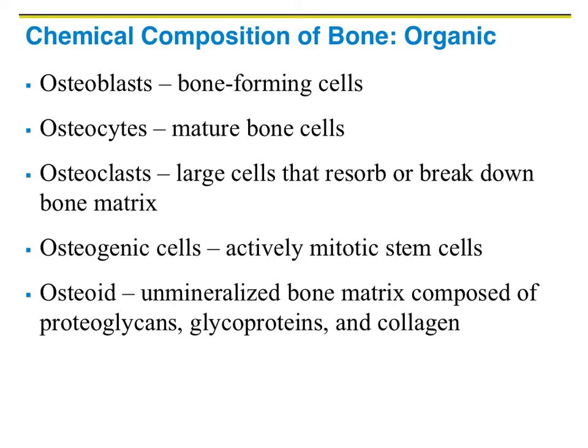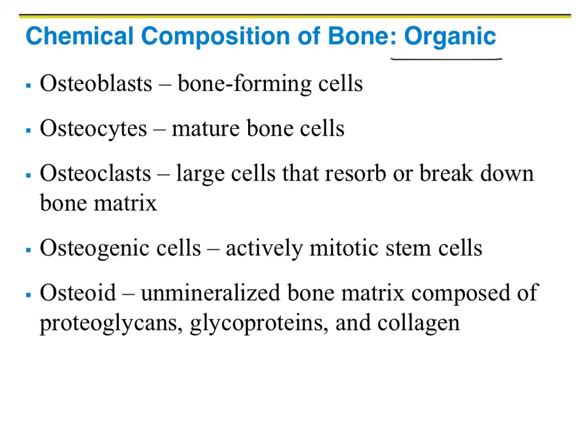Bone contains both organic chemicals and inorganic chemicals. Some of the organics include osteoblasts, or bone-building cells. Osteoblasts will become the osteocytes, which are the mature bone cells.